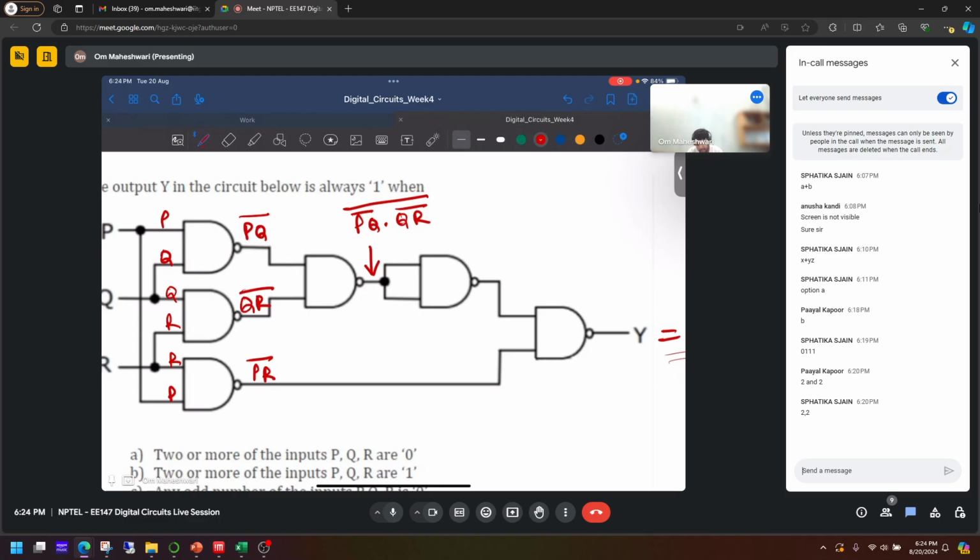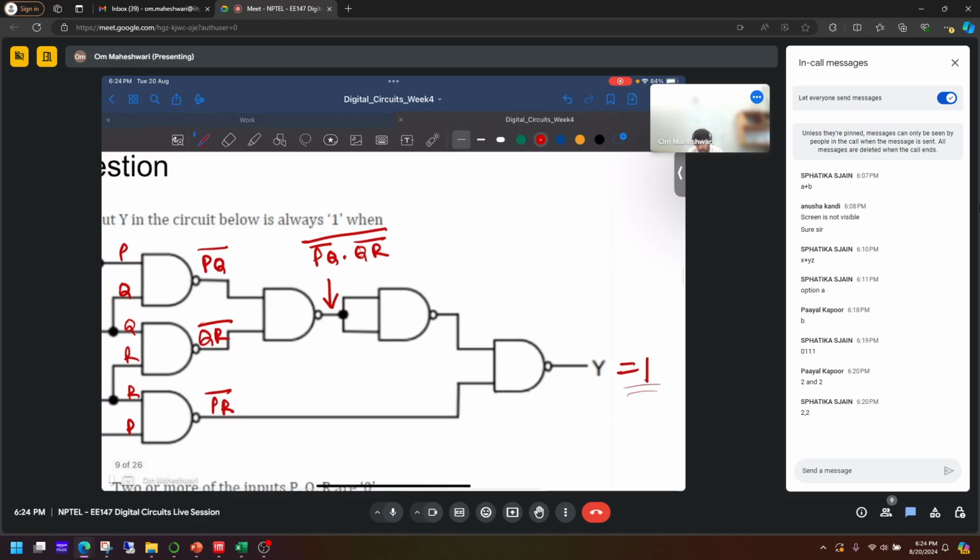Right? And this is just a shorted NAND gate, which is equivalent to a NOT gate, or also a shorted NOR gate. All are NOT gates. So this is a NOT gate.